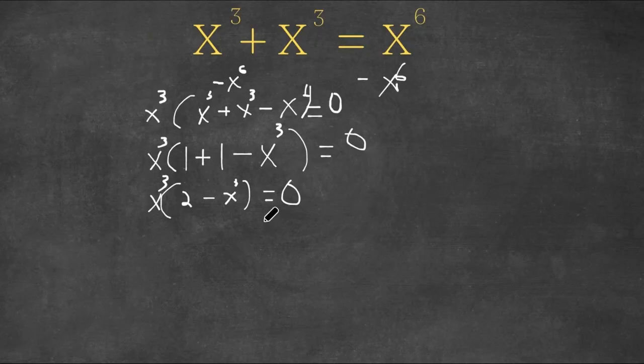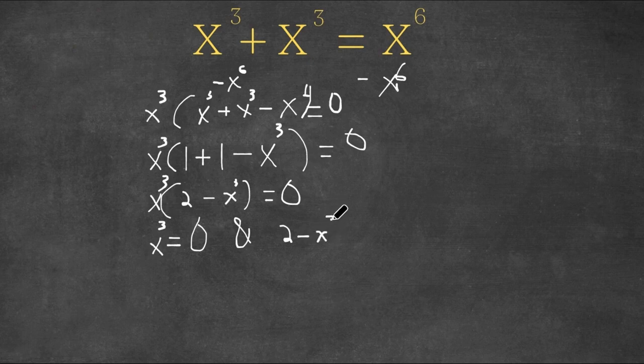All right, so now we could turn this into two equations. We could turn this into x to the power of 3 equals 0 and 2 minus x to the power of 3 equals 0.